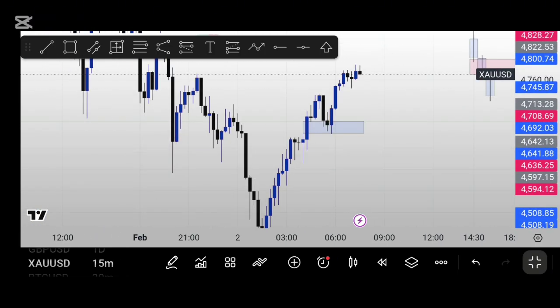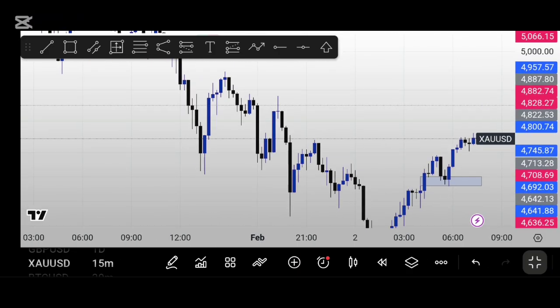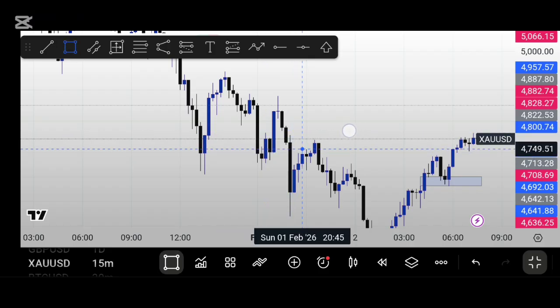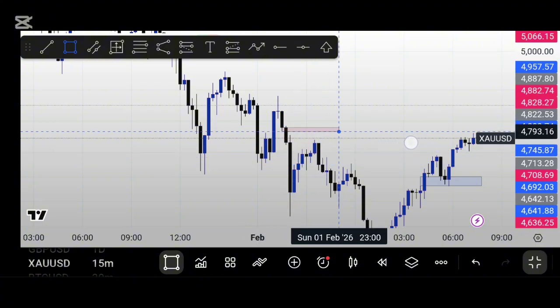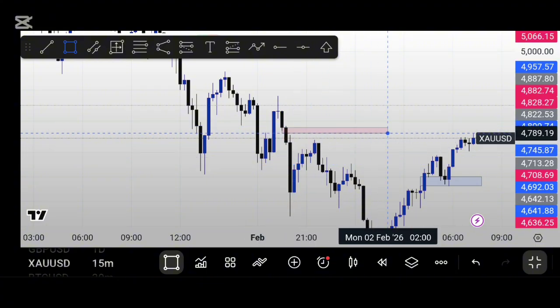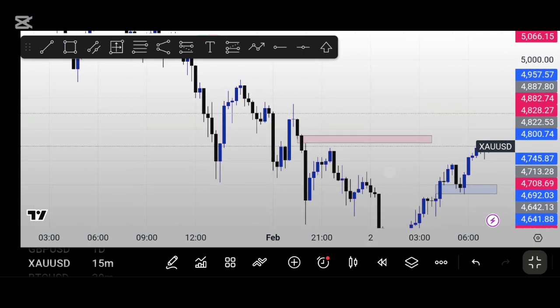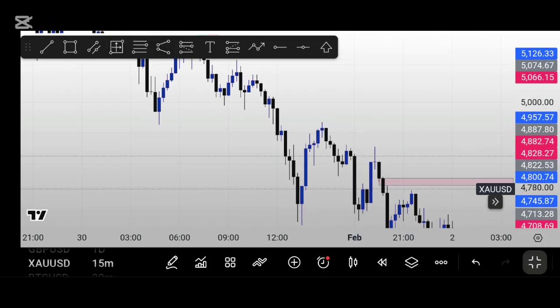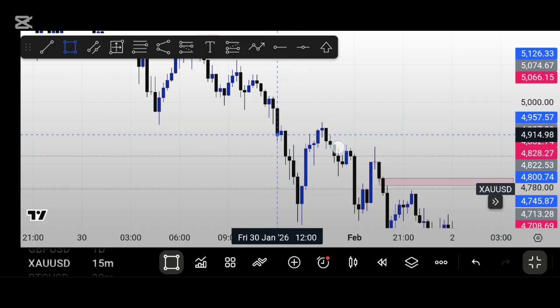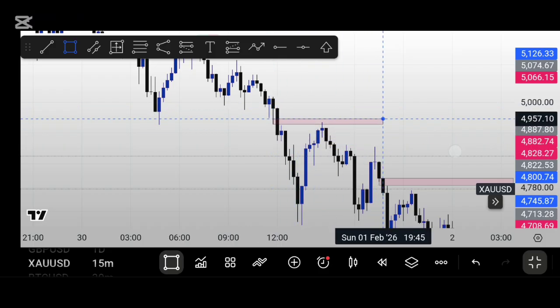Every gap you see in the market is a fair value gap. So for instance, this is a fair value gap. Remember I told you, connecting both candles together, this is a fair value gap. Here, this is an FVG. This is an FVG too. These two candles, connecting both candles together, is an FVG.